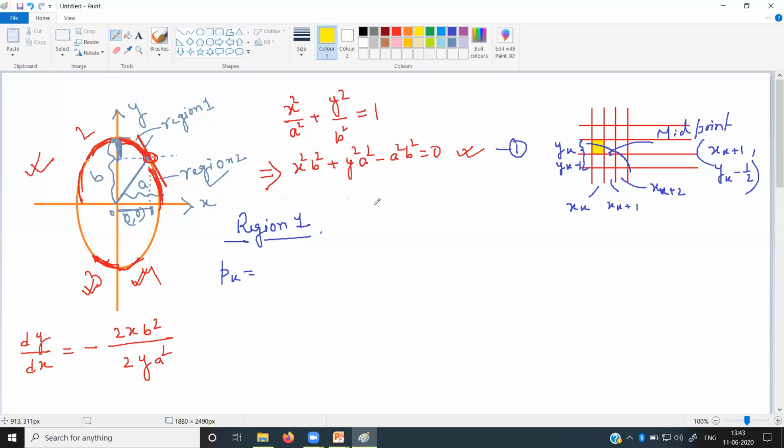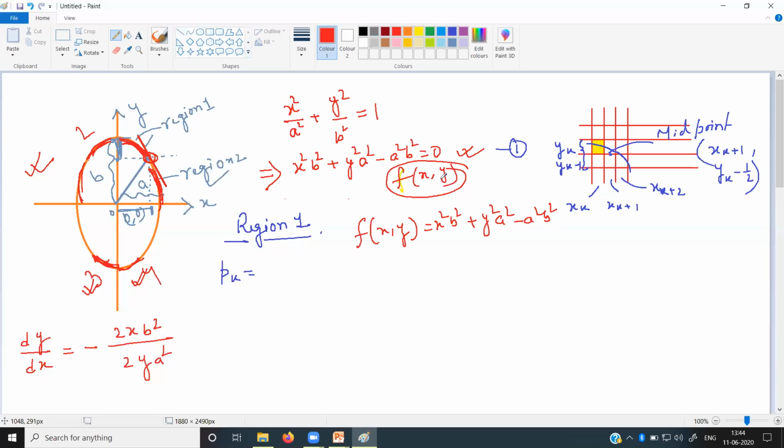So if I say that this is the equation of the circle, which is a function of xy, not circle, the function of xy is the equation of the ellipse. Then if I put any xy in that equation, my function of xy will be nothing but x square b square plus y square a square minus a square b square.